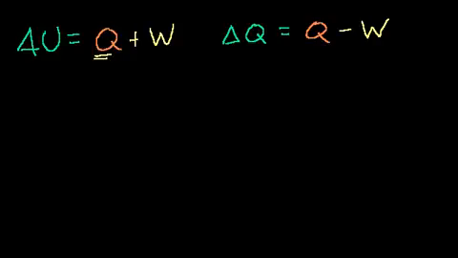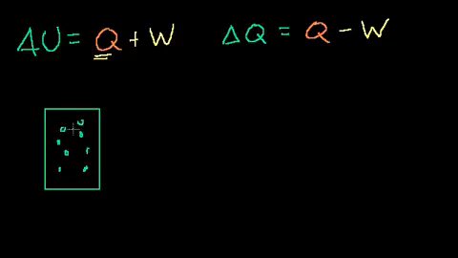If I have some system here, some particles in some type of a canister, and it's at temperature, let's say T1. I'll even give it a measure. Say it's at 300 Kelvin.